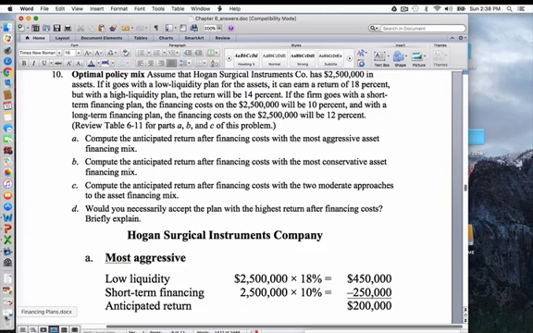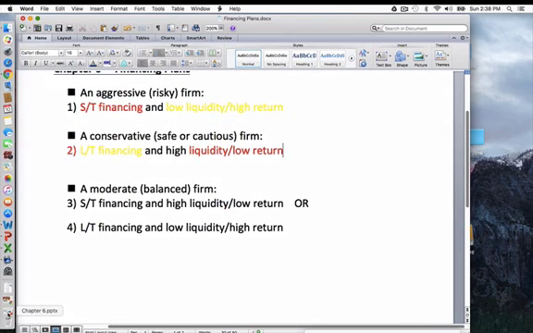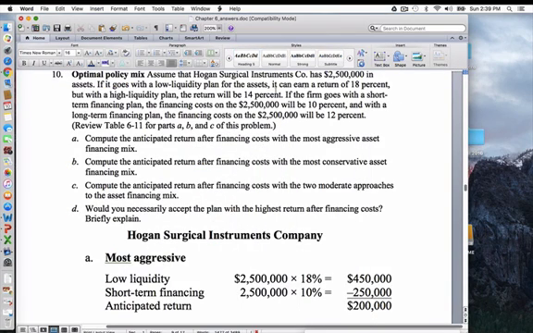Now let's do an application on optimal policy mix. This one is going to involve this table here that I showed you. So let's see, this business needs money in the amount of 2,500,000. If it goes with the low liquidity plan, the return is going to be 18%.